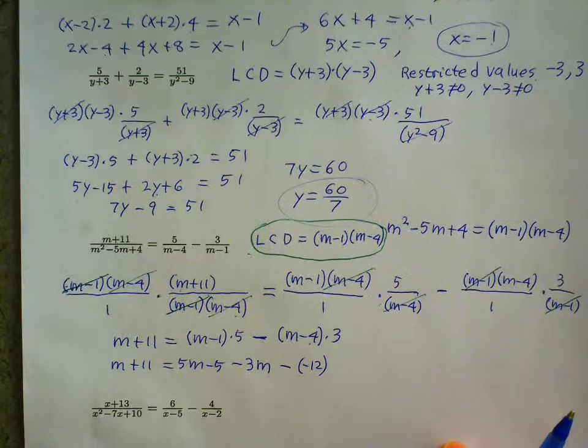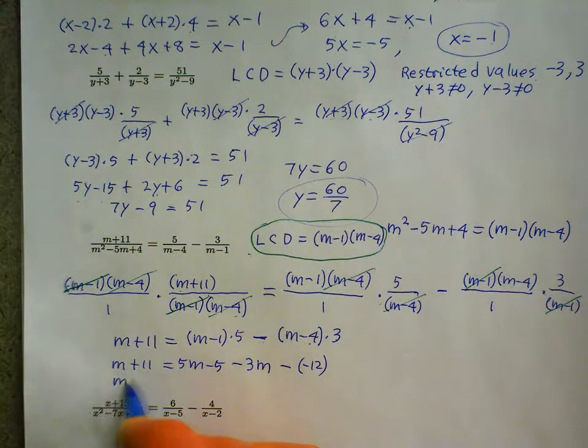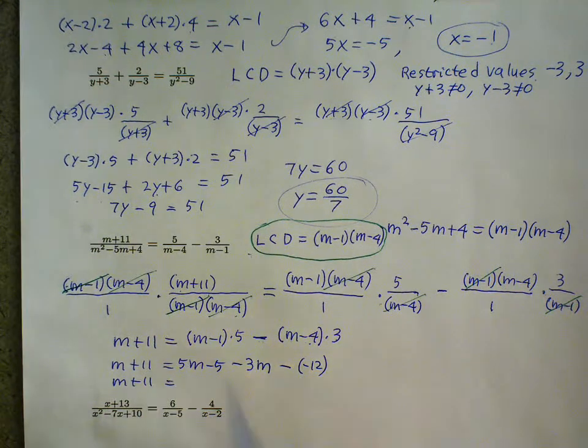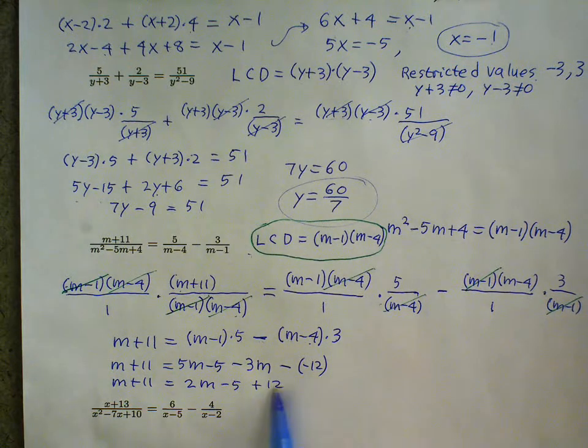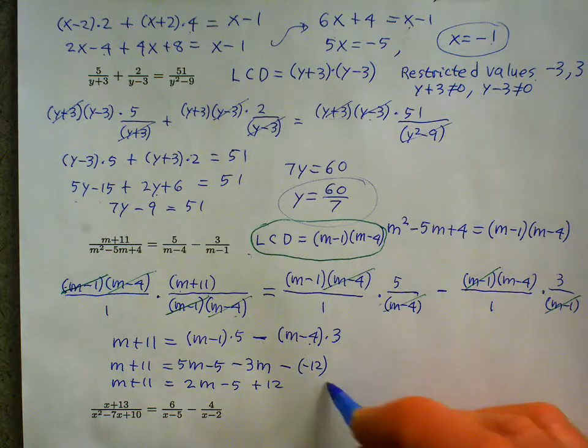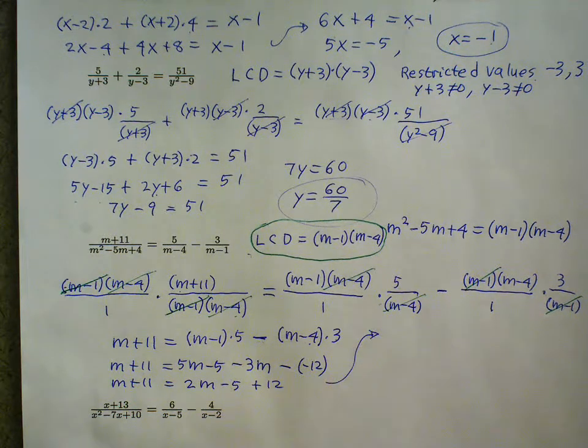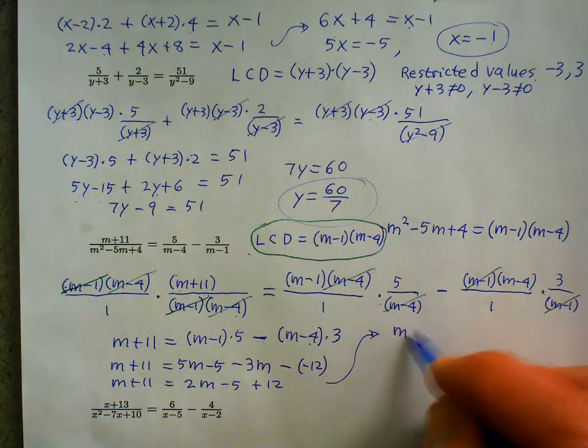Okay, so in the next step, we'll combine the like terms. 5M minus 3M is 2M. And then minus 5 plus 12, because minus negative 12 is plus 12. And a couple more steps: M plus 11.